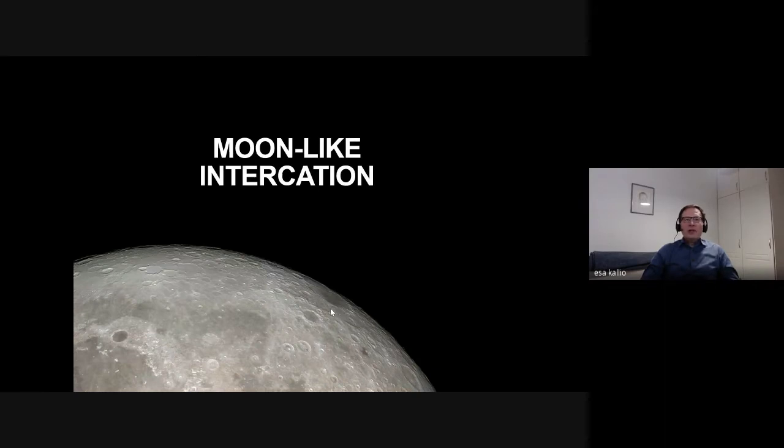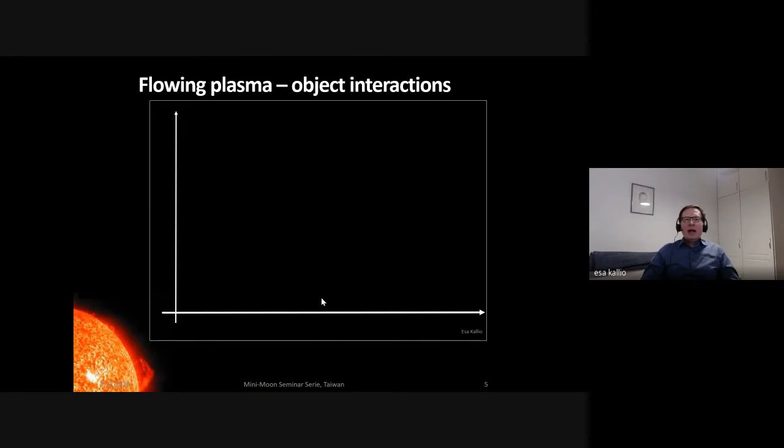So, the moon-like interaction. I will go through it quite quickly, but anyway I would like to put this in a wider context. One possibility is to put the different solar system objects and their interactions with the sun in this kind of 2D phase space.